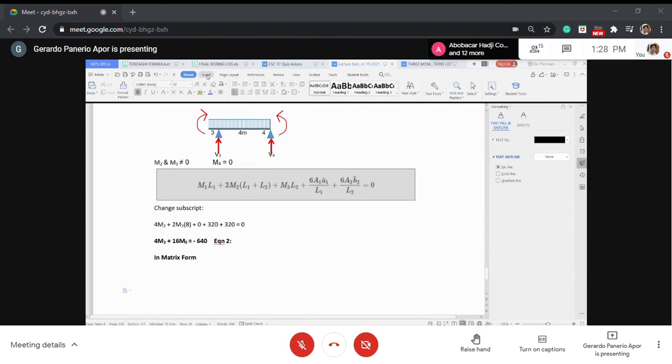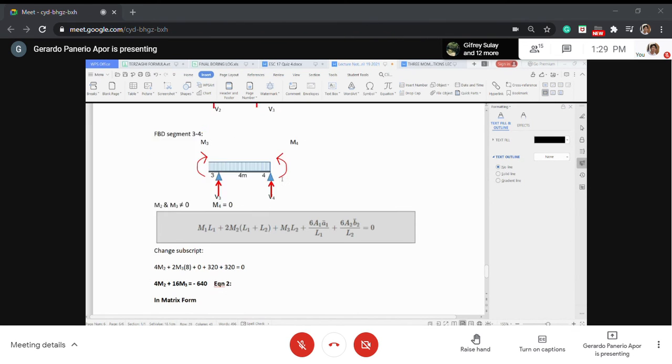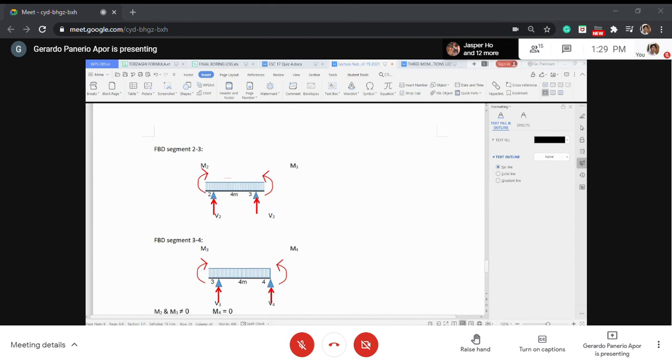Okay, you have 4, 16, 4, 4, 16 times the quantity M2, M3 is equal to negative 640.